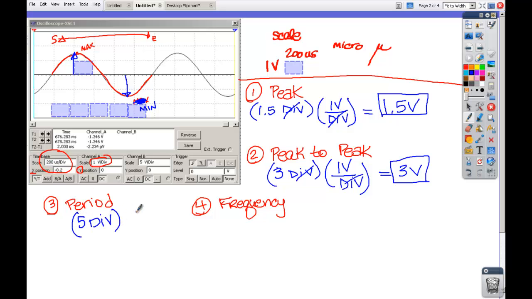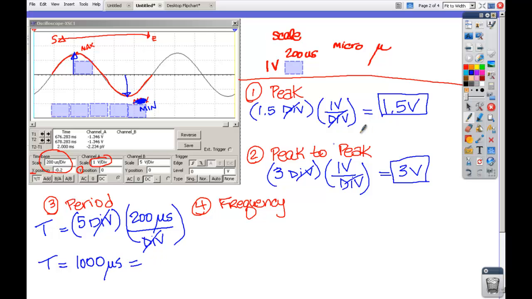Right, it tells me that it's 200 microseconds per division. When I do this multiplication, I'm going to get 5 times 200 is 1,000 microseconds.